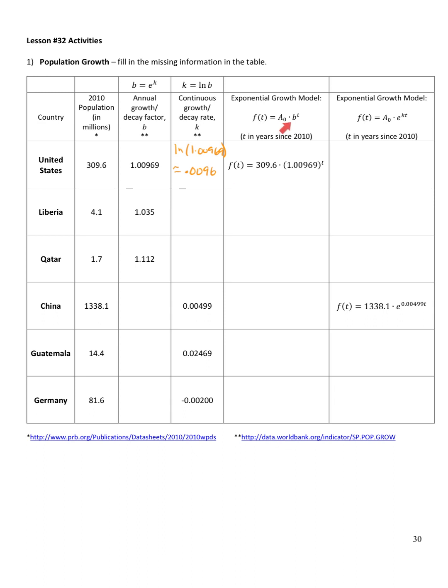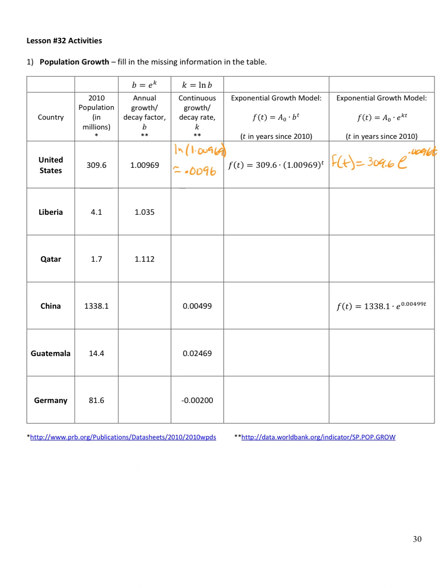So A naught times B to the T, my A naught is my 2010 population, and then times B, which was given, raised to the T. And then for A naught E to the KT, I'm going to have F of T equals A naught, which is still 309.6, times E, and K we decided was 0.0096 T.